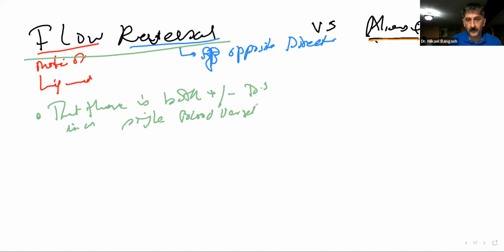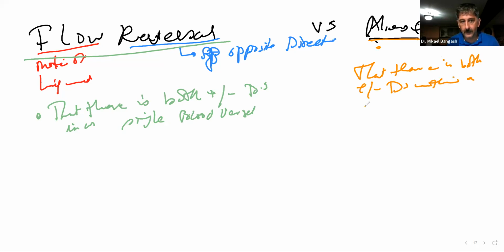That's what we also saw in the aliasing, right? Both positive and negative Doppler shifts within a single blood vessel.